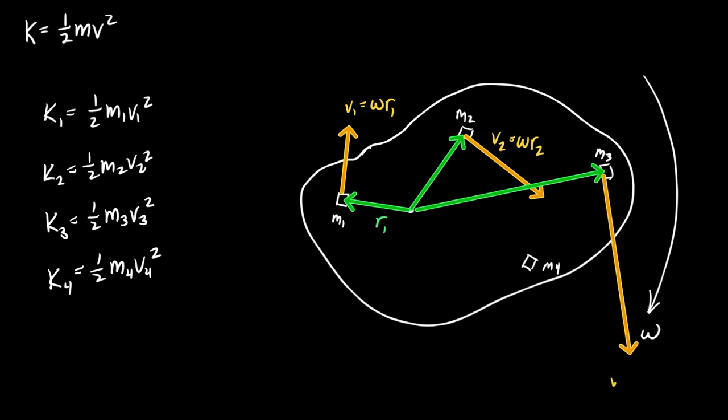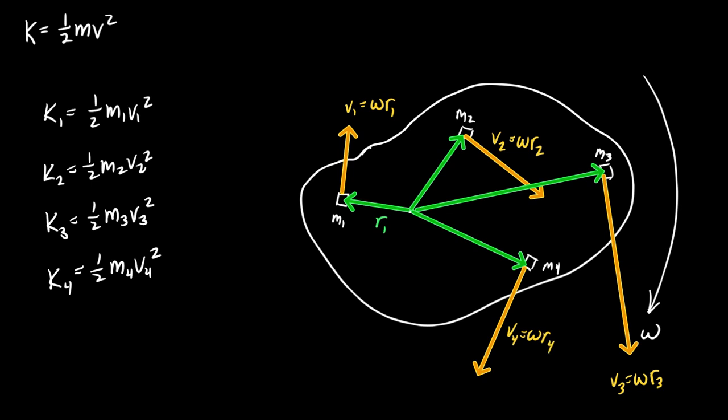Right? Because it's going to be v3 equals omega times r3, and r3 is the longest. And of course, r4, somewhere in the middle. I think it's a little faster than 2 and 1. We'll say v4 equals omega times r4.